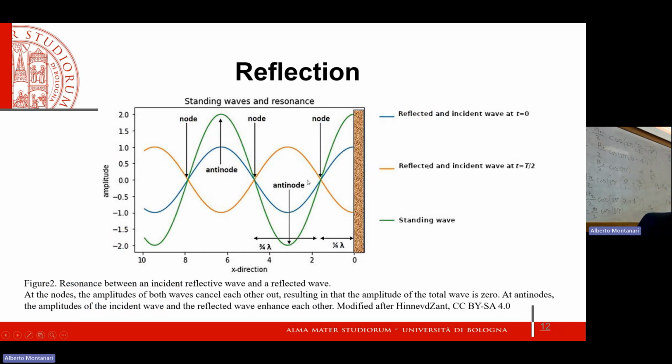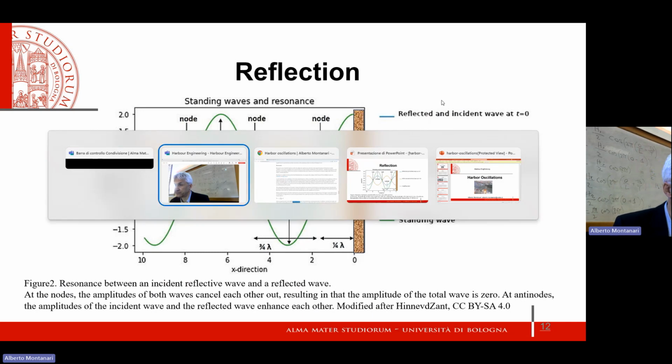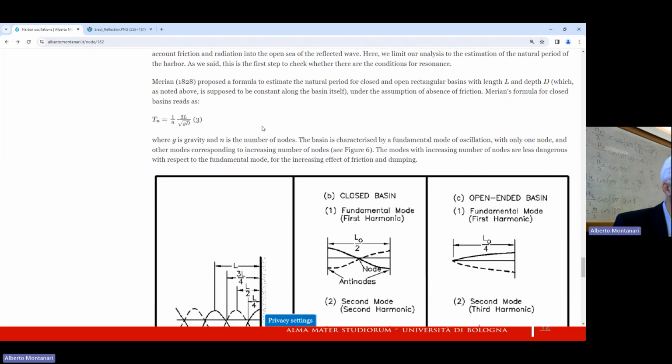And with the presence of one node, basically you have two full cycles of waves, two full periods to cover the basin. Therefore you have to divide the distance by the number of the nodes to get an estimate, let me go back to the Merian formula, to get an estimate of the natural period.